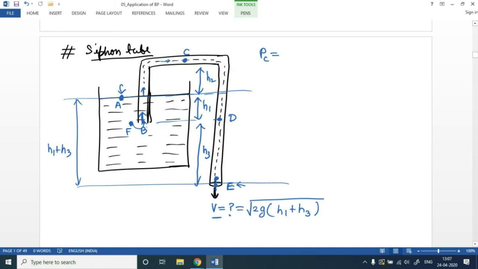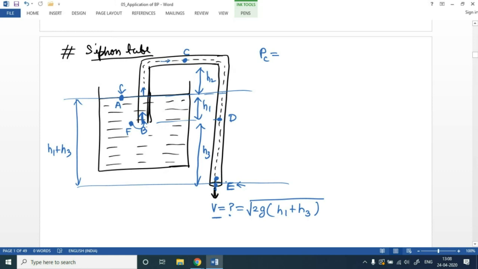So the pressure at point E is atmospheric pressure, and the pressure at point C would be less than that. And how much less? You can see here pressure is less and height is more, so here pressure will be more and height would be less.